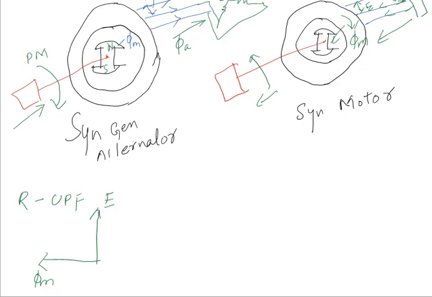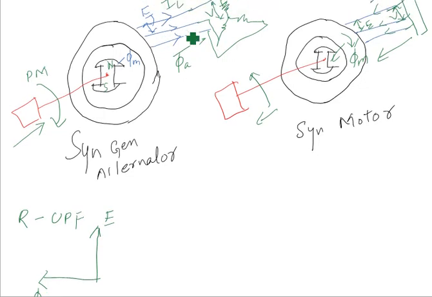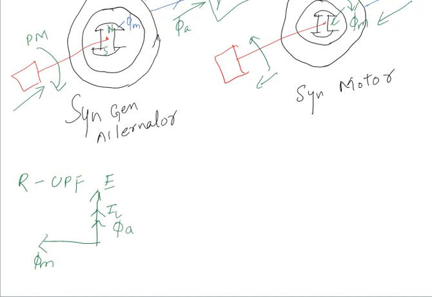This E flows the current IL in the circuit, and this IL is feeding a resistive load, that's why IL will be in phase. This IL will make a flux, that is phi A. This is the picture, and that is why this is called cross magnetizing.